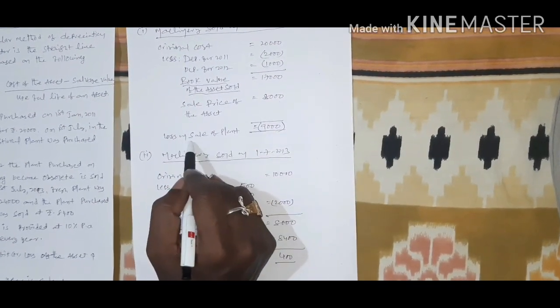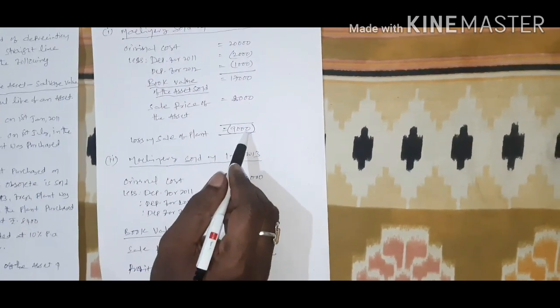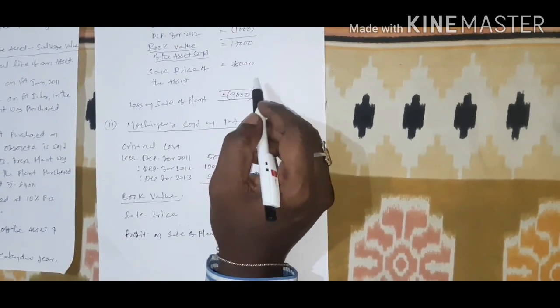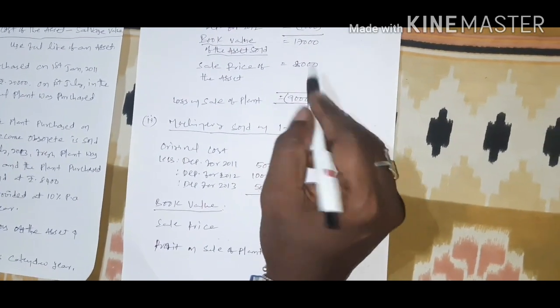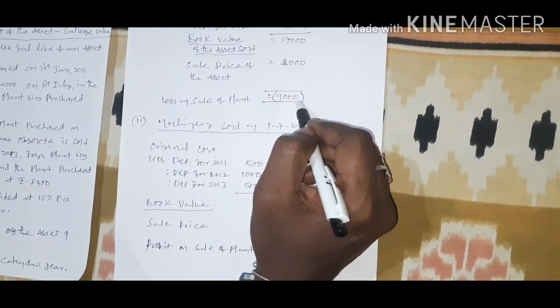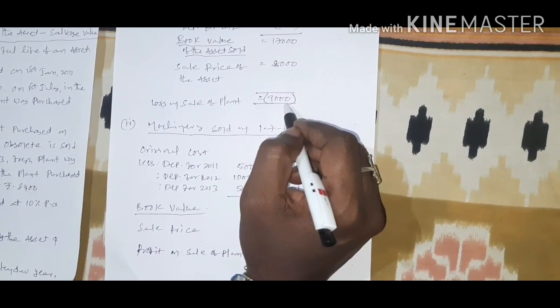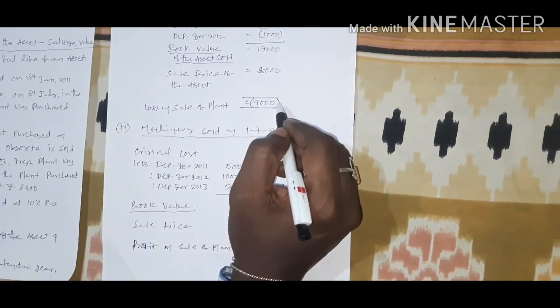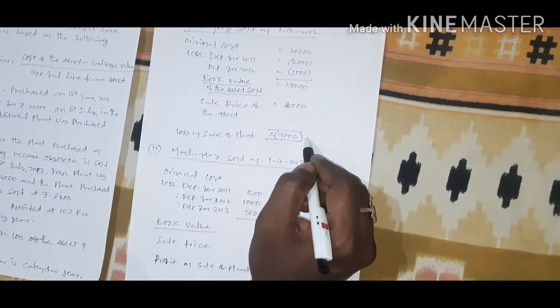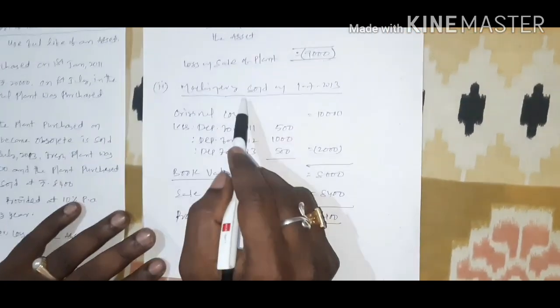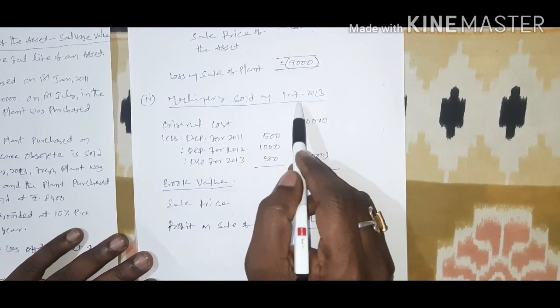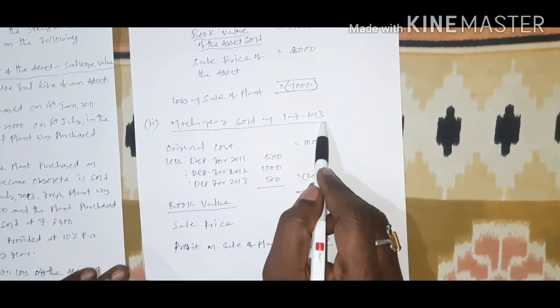Repeat, friends, when selling price is less than book value or WDV, then it results in loss on sale of plant. Such loss on sale of plant or asset, whatever it may be, is to be debited to profit and loss account.